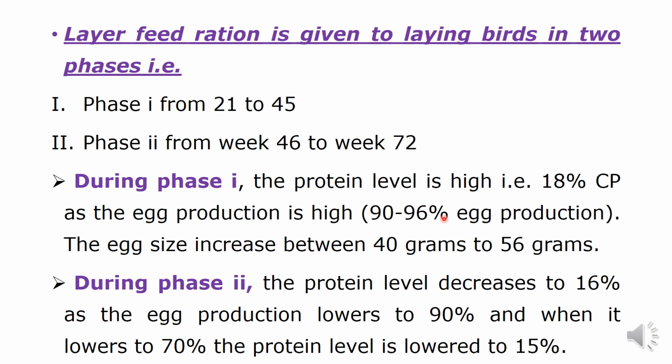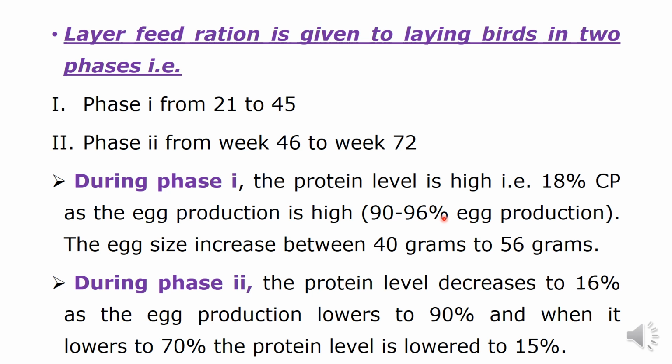In phase two, this is when the egg production decreases from 98 or 96 to below, 80 or 90. Here, once the egg production decreases, we also lower the amount of protein to 16% crude protein.